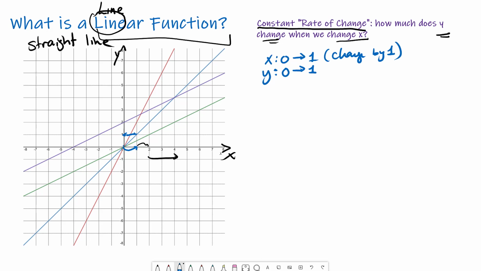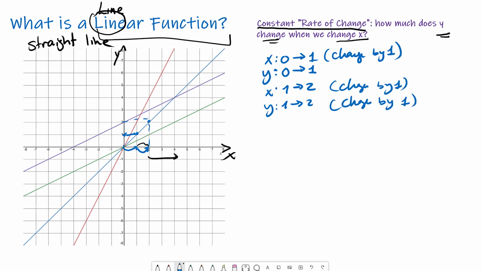Let's now look at 1 to 2. What happens here when x goes from 1 to 2? So we've changed again by 1. Y will go from 1 here to 2, right? So again, our y went from 1 to 2, so it also changed by 1.